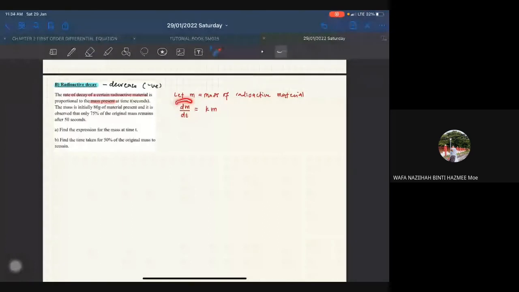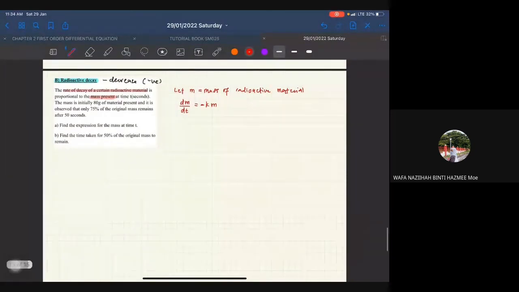So rate of decay akan depends on mass. Bila depends on mass, kita boleh tambah dekat depan ni satu constant, sekali dengan mass. Kita tahu bila dia decay dia akan decreasing, so dia mesti ada negative dekat sini. Okay, itu adalah first information.